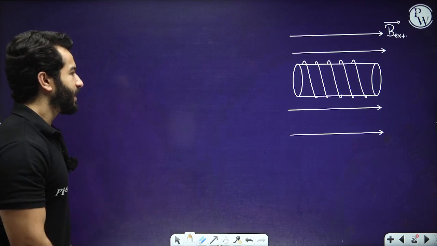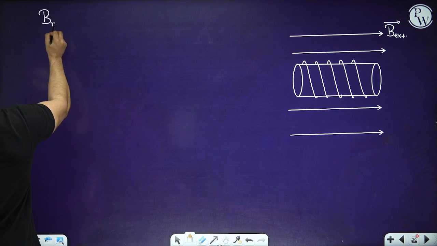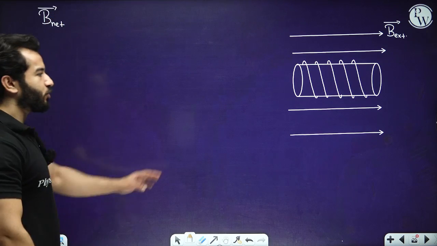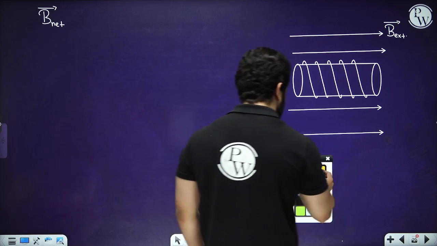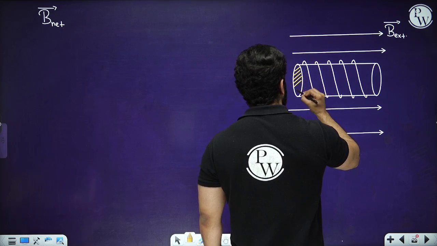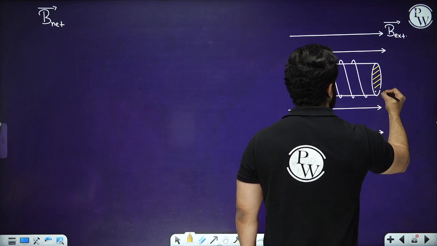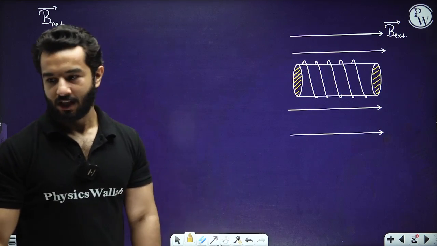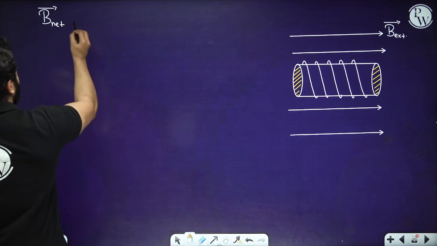Now if you want to find out the net magnetic field of this material, also assume that we have got some other material inside this core, not air or vacuum, kept in an external magnetic field. So the net magnetic field will be equal to two things.